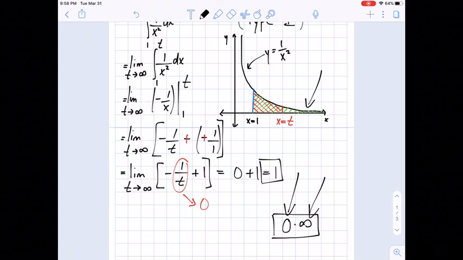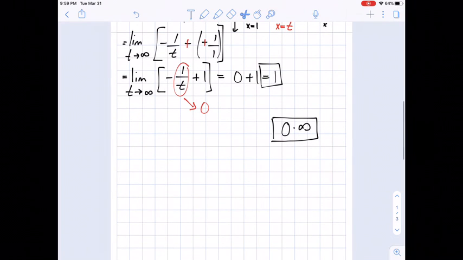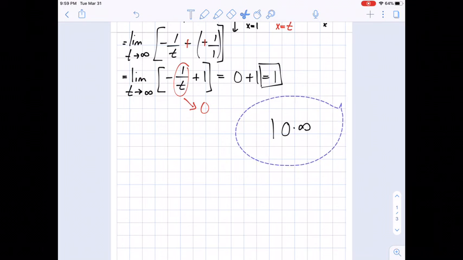And the answer, as we just saw before, is definitely yes. 1 over x squared does go to 0 fast enough for this integral to be equal to 1. Now that concept of being fast enough is one that we're going to talk about. But first, let's take a look at one more integral.